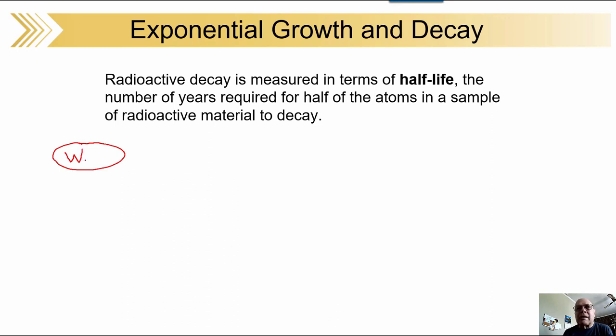We're just going to pick something. So let's suppose we've got about 10 grams of this element, and then we wait a period of time. That period of time is called half-life.